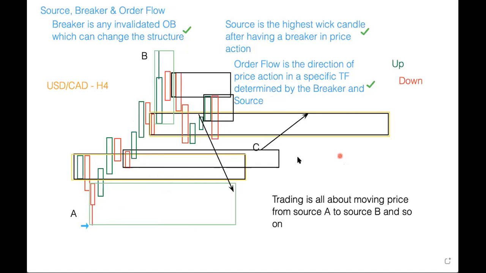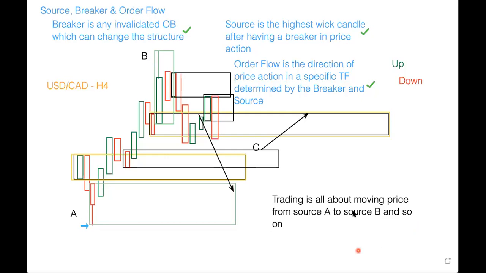So here, source C will be created only if we break above source B. Otherwise, we will keep playing between source C and source B. This is maybe a little bit difficult to understand, but I'm sure by time you will learn how this works.